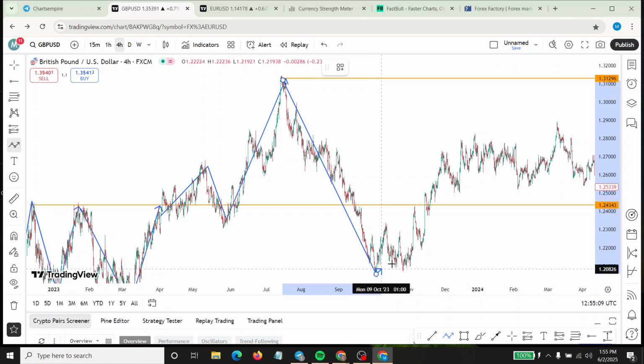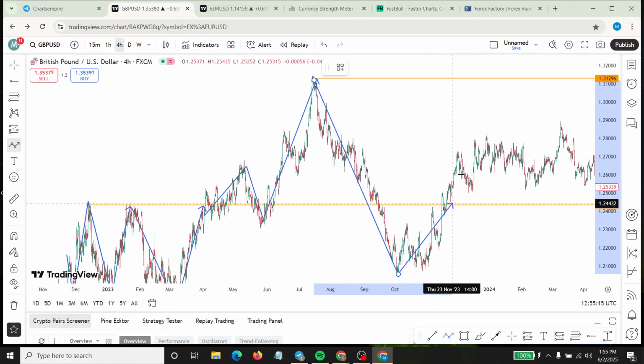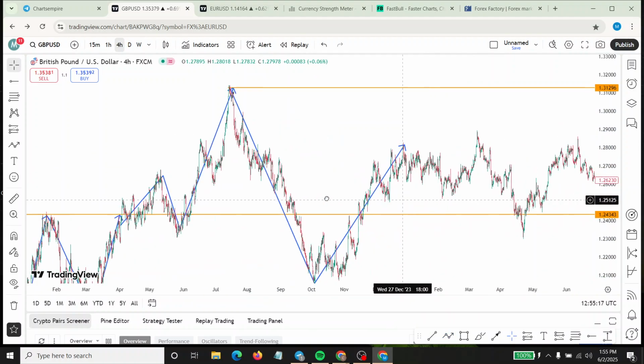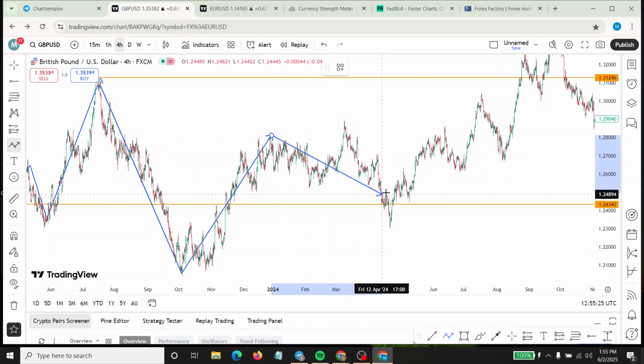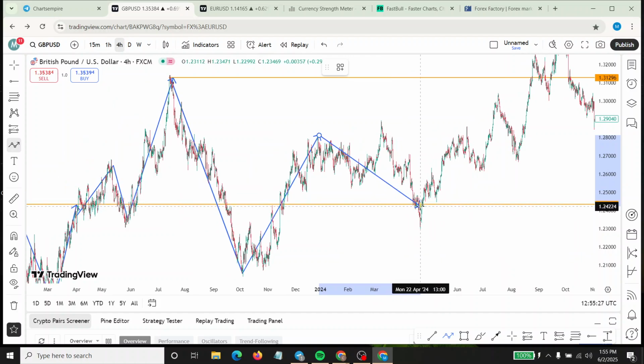You can see we came back for a retest, but eventually that retest failed. The buyers pushed the price up again to this point, and we also want to wait for the retest of the buyers to test that support zone. Eventually, their retest was successful.